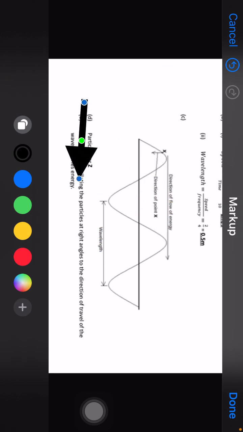You can only call it a wave because it has completed a cycle. If you want to define it, it's simply the distance between two successive troughs or peaks, the maximum points the wave reaches.